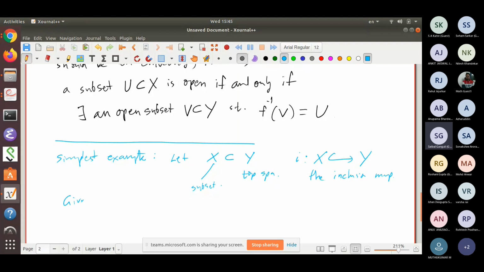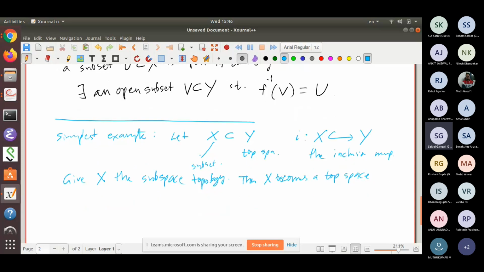So give X the subspace topology. Then X becomes a topological space, which is a subspace of Y, not just a subset now. Earlier it was only a subset, it becomes a space, and i from X into Y becomes an embedding.